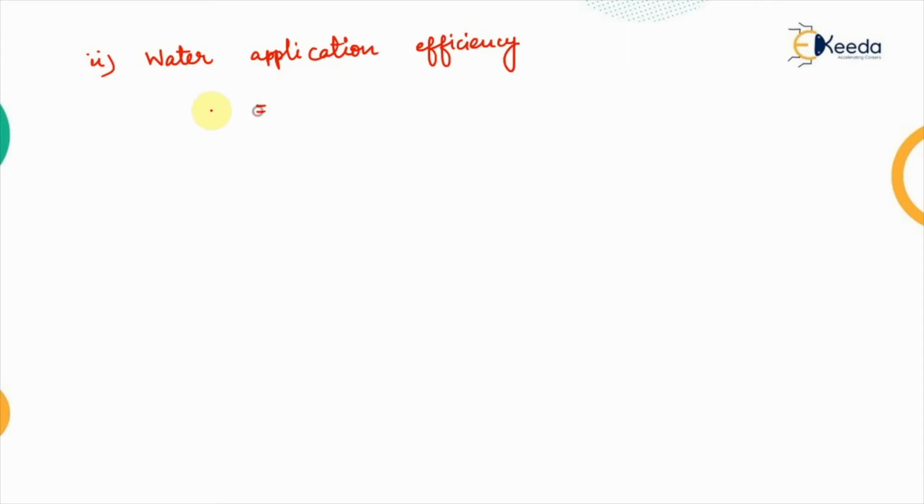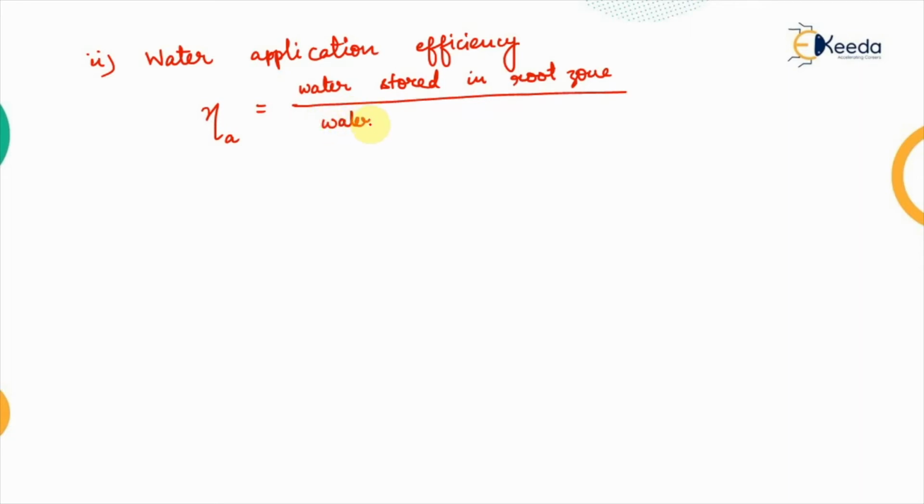So for that, this water application efficiency, denoted by eta A, is the ratio of water stored in the root zone of the plant during the irrigation, divided by the water which was delivered onto the field. That means out of the total amount of water which was supplied onto the field, how much exactly has been applied to the root zone of the crop.